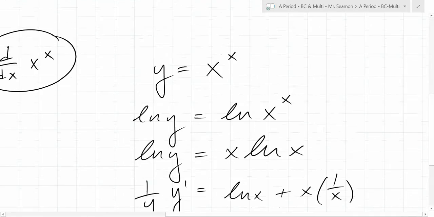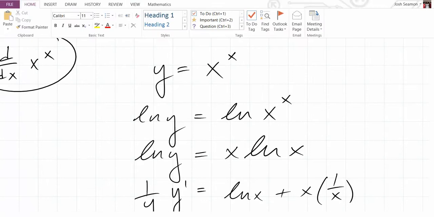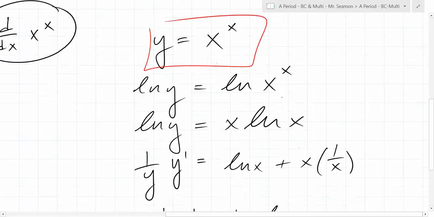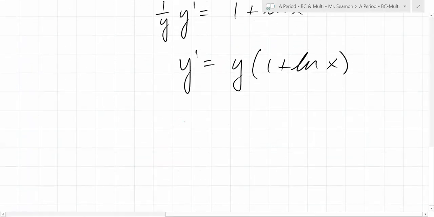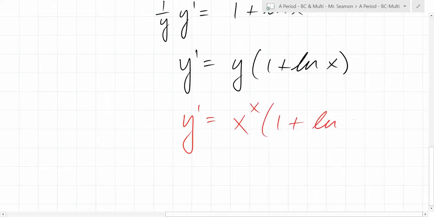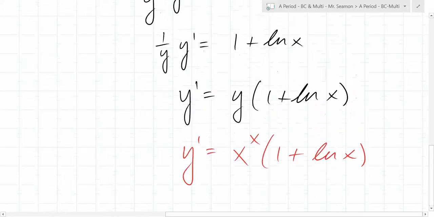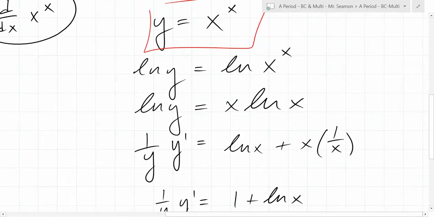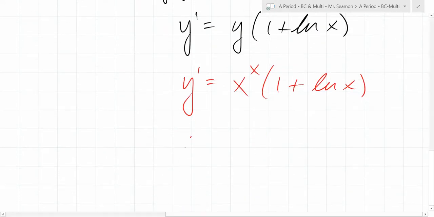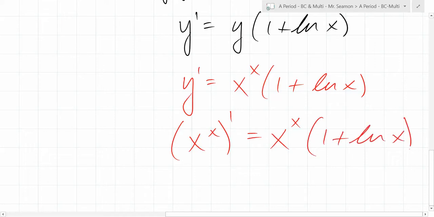But what does y equal, everybody? Y equals x to the x. So you have y prime is equal to x to the x times 1 plus ln x.